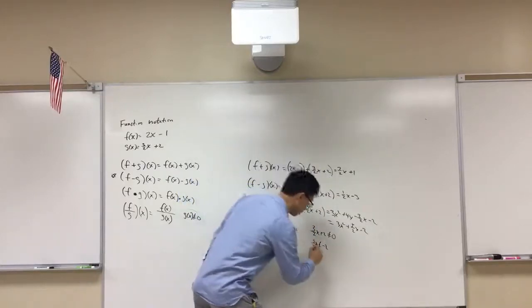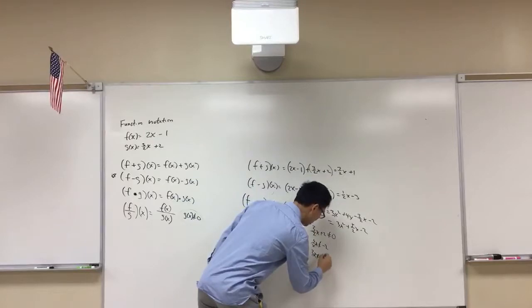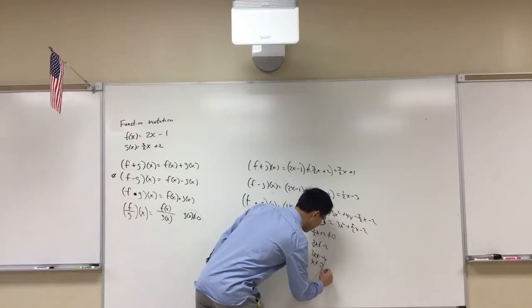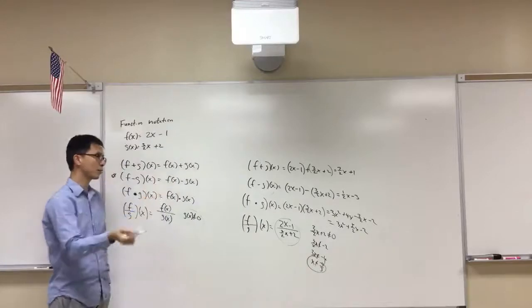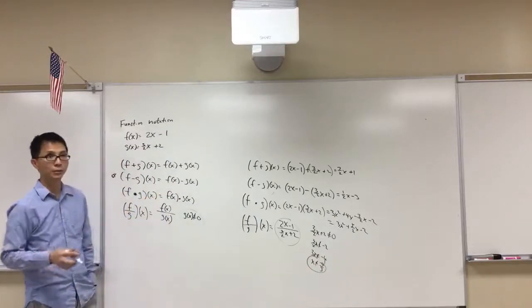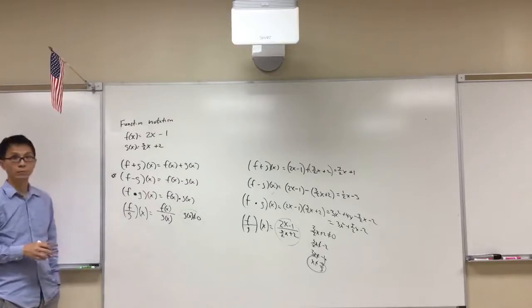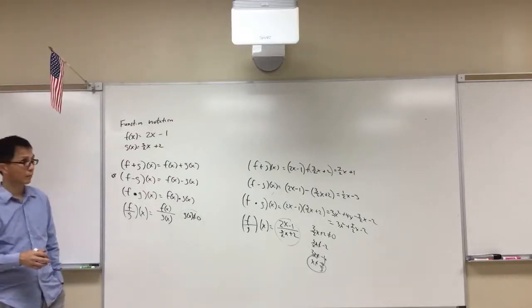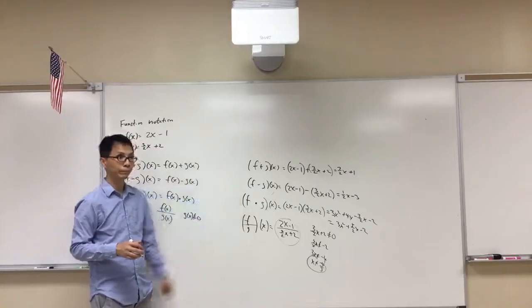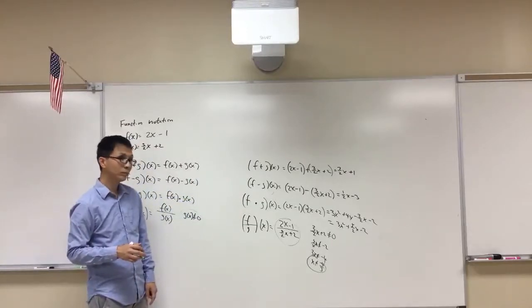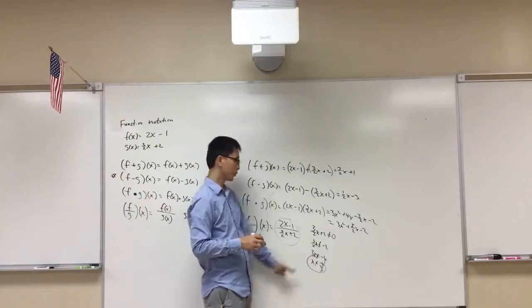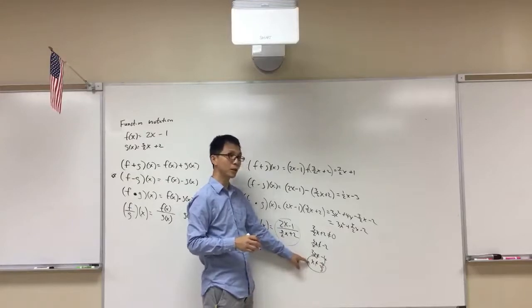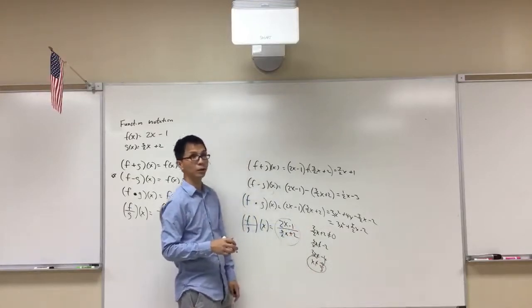Multiply both sides by 2, so 3x cannot equal negative 4, and x cannot equal negative 4 over 3. So you have to write down here that x cannot equal negative 4 over 3. This one has one condition.